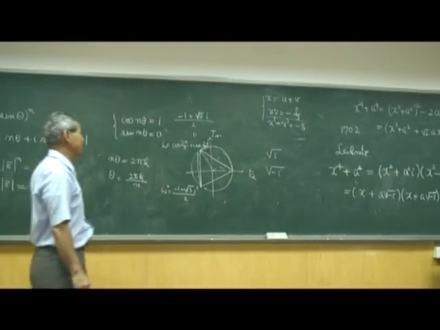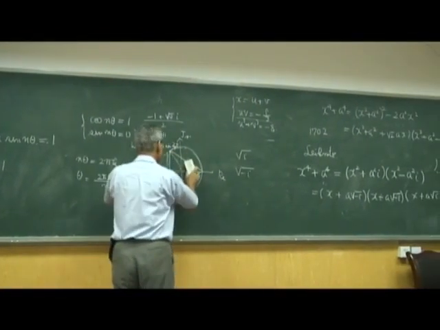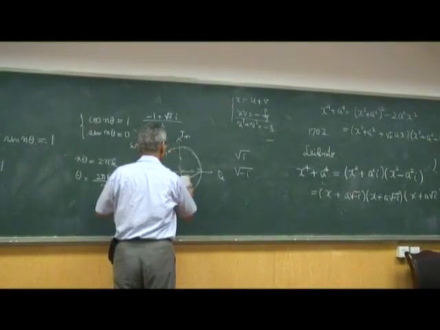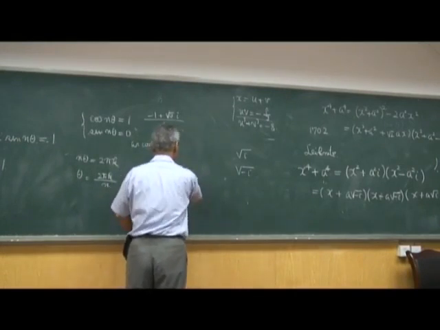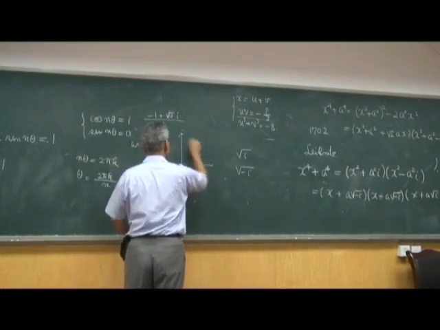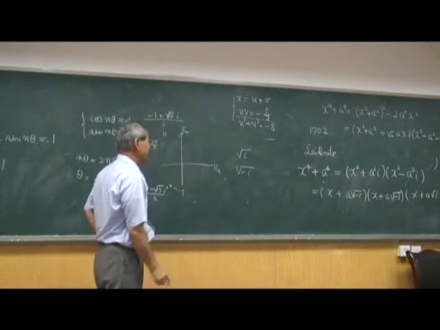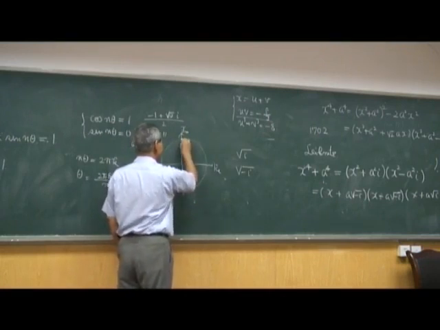So one possibility is just using this expression, what I said. So if you use the complex plane again, the square root of i means that if you multiply the same number, it becomes i.